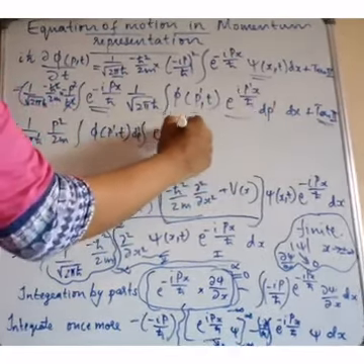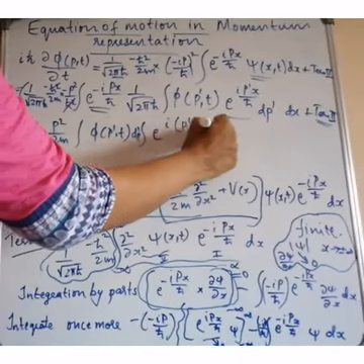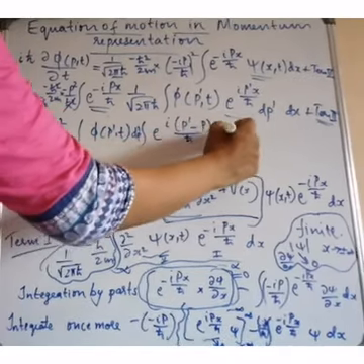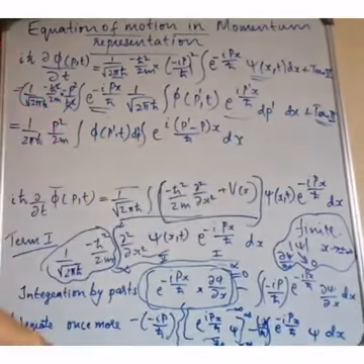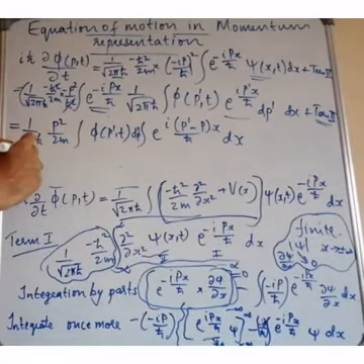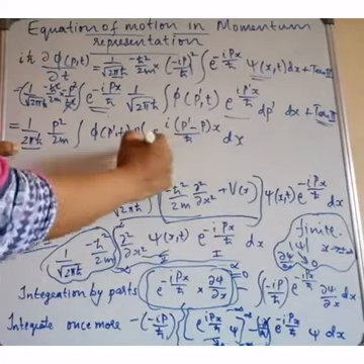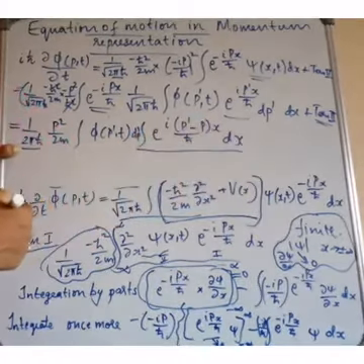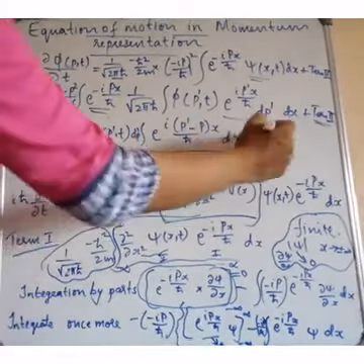So e raised to i p prime minus p into x by h cut dx. This is like a previous session, we are going to integrate this, and what we have is the Dirac delta function plus term 2.